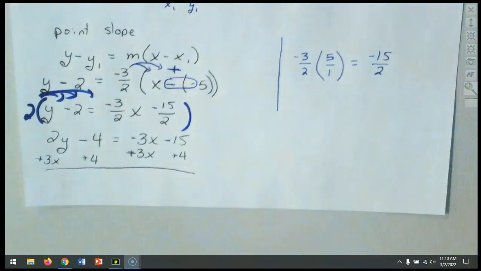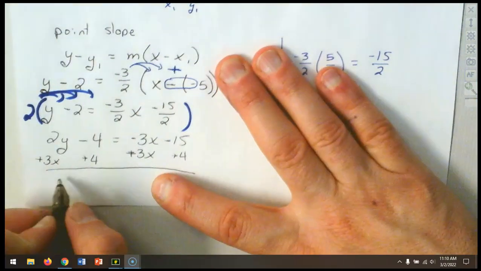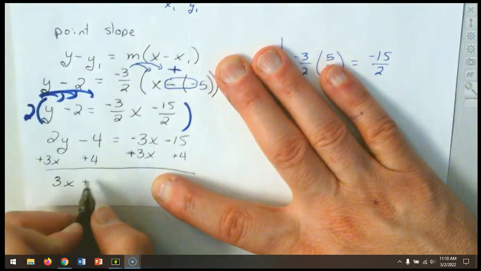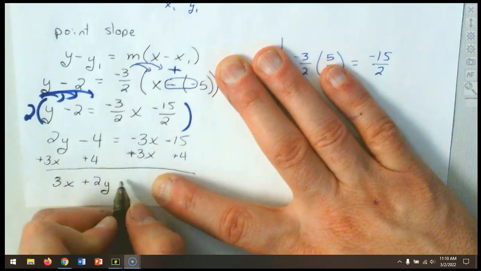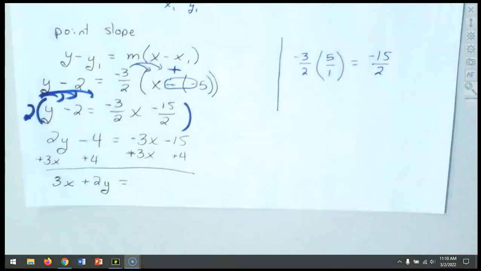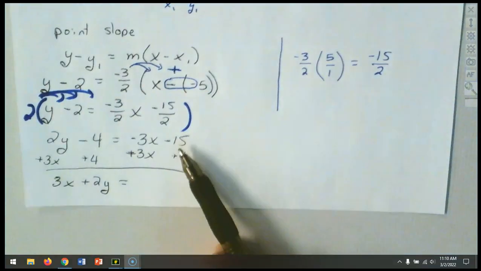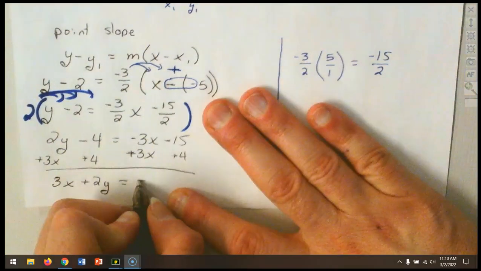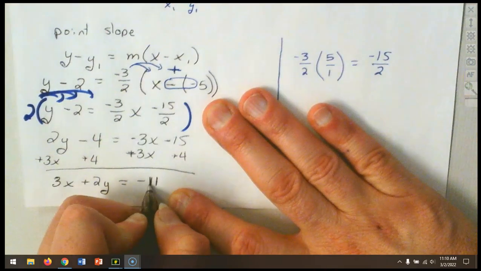So if I move everything over, the x goes first, so that's 3x. Then we've got a plus 2y. And on the right-hand side, we've got a minus 15 plus 4. And minus 15 plus 4 is a minus 11.